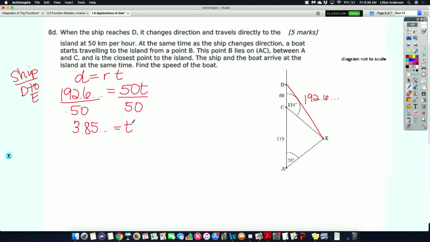Specifically, the closest point to the island. The shortest distance between 2 points is going to be that distance that is perpendicular.